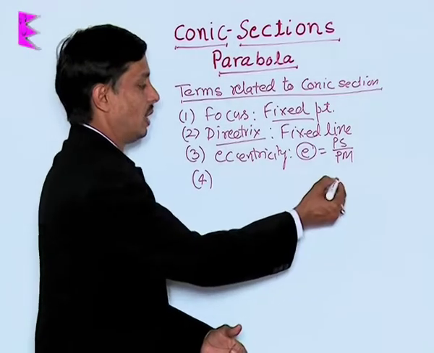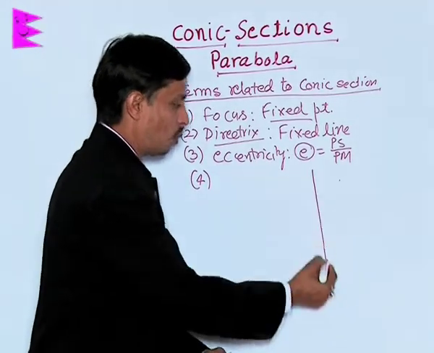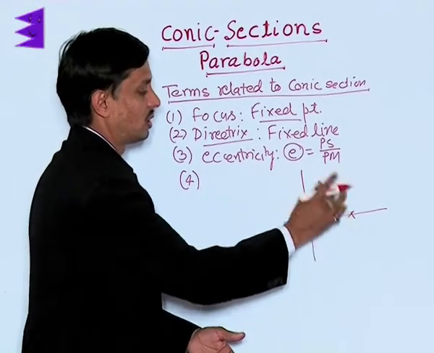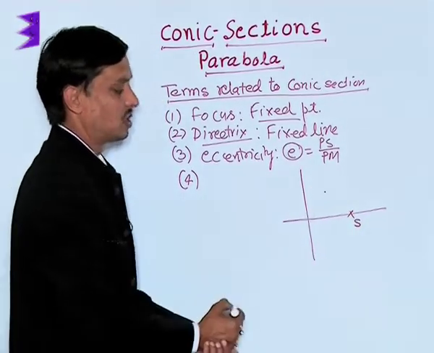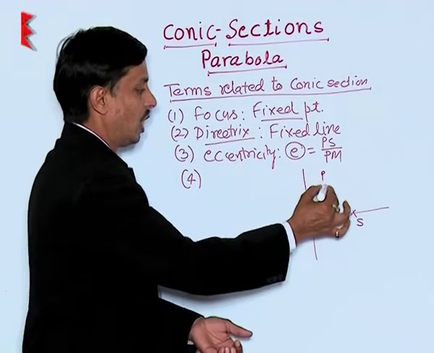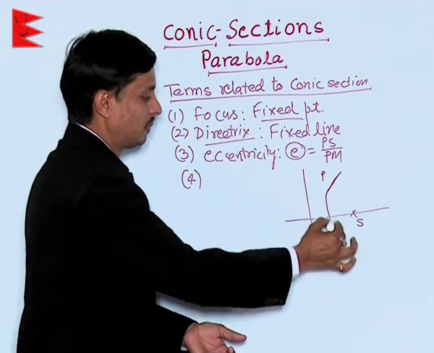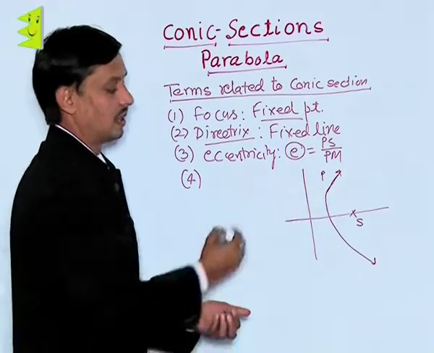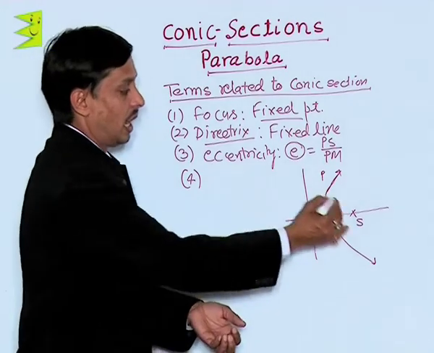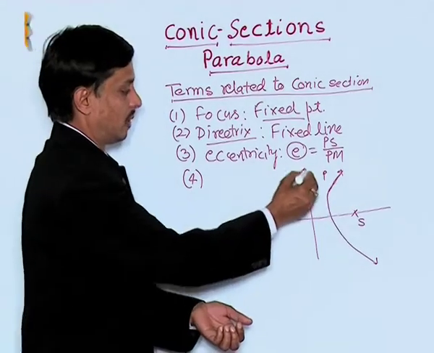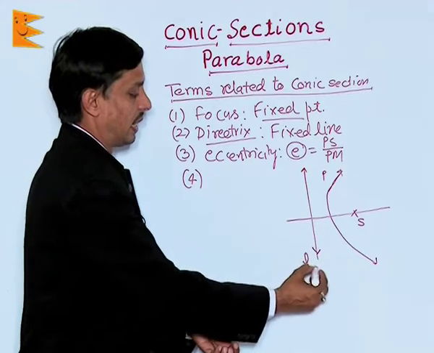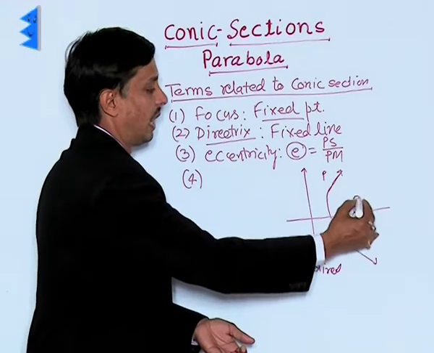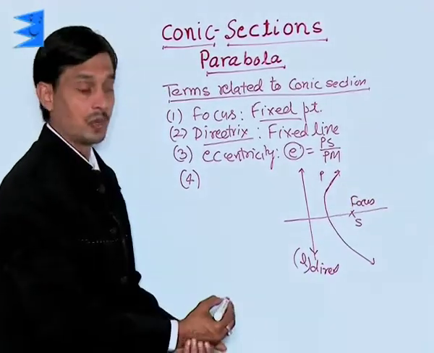Suppose this is a movable point, this is a fixed line. Say for example, this is the focus S, this is a movable point P. If this point P is moving and making a path like I have shown here, S is the focus, this line L is the directrix.